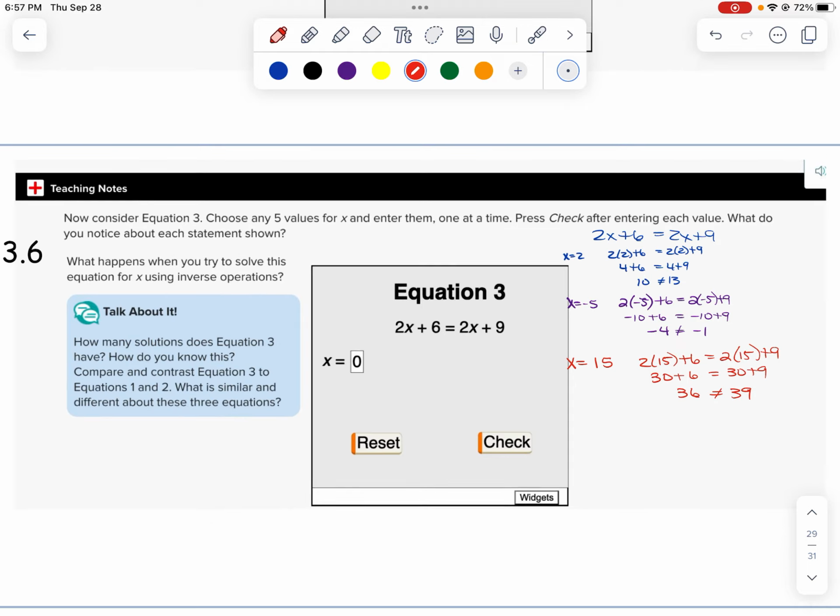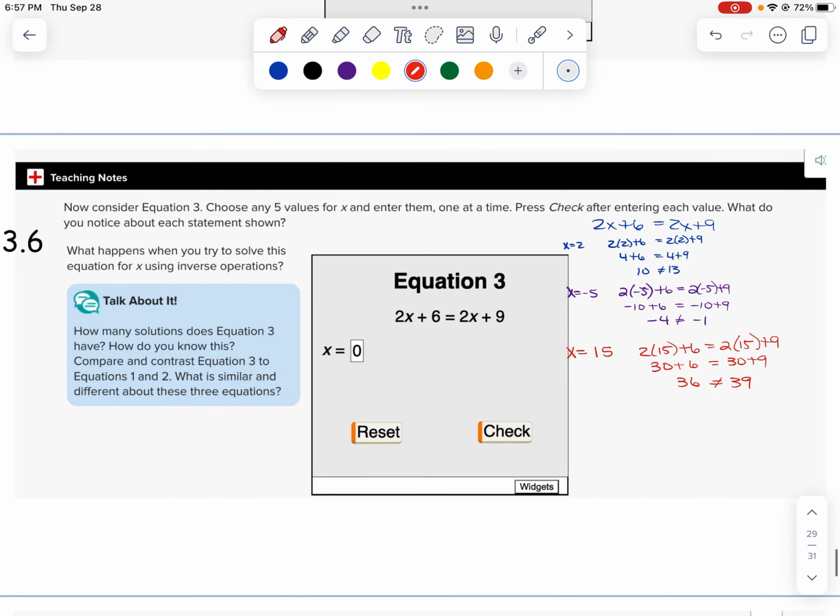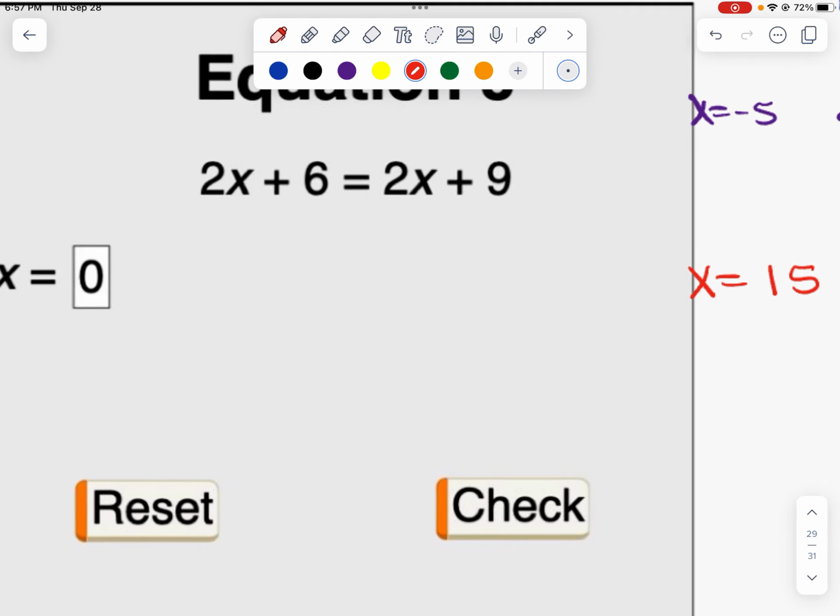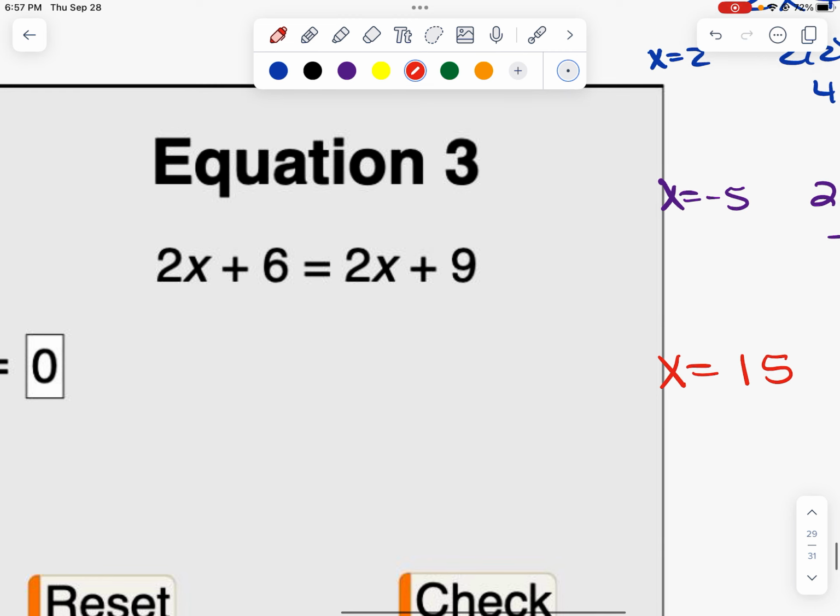Okay, so as I do this, let's look at this, guys. If I was to subtract 2x from both sides, we would get 6 does not equal 9. Will 6 ever equal 9? No. So let's look at this.